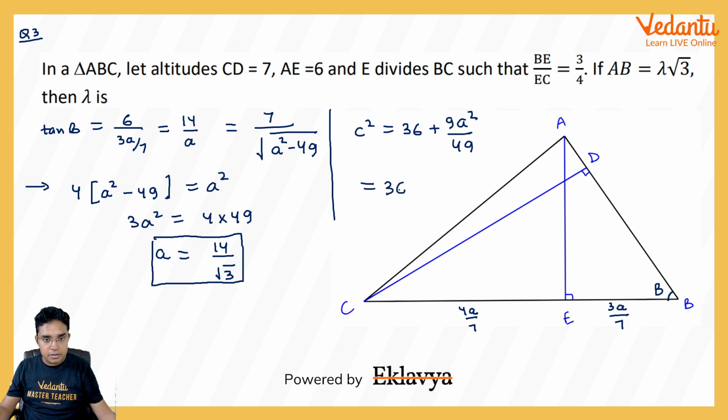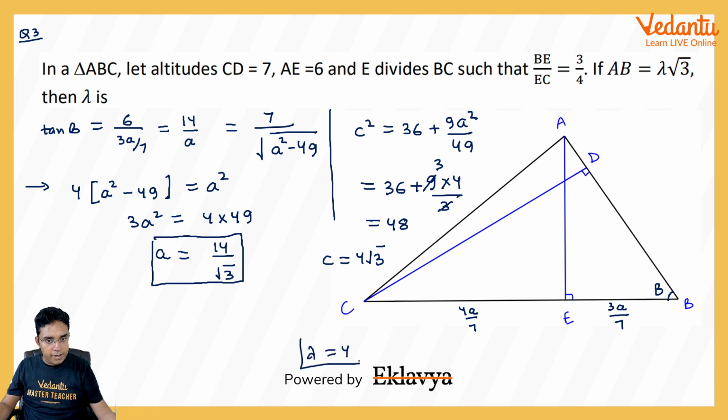So 36 plus 9A square upon 49. A square will be 14 square, so 49 will be cancelled. We will be left with 9 into 4 upon 3, so this 3 will cancel, and it becomes 48. So C comes out to be 4 root 3, hence lambda will be equal to 4.